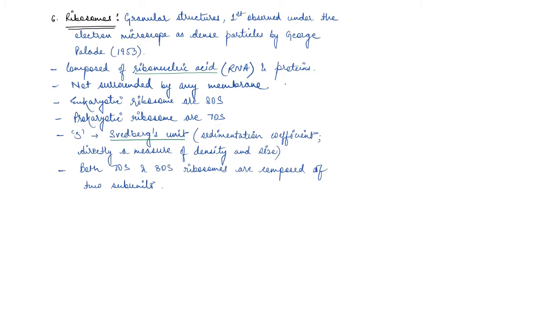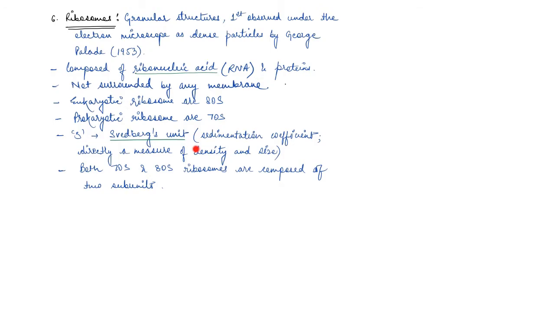It is not surrounded by any membrane, and there are two different types of ribosomes. Eukaryotic ribosomes are 80S and prokaryotic ribosomes are 70S. Remember, S here denotes the Svedberg unit, and this is nothing but the sedimentation coefficient.